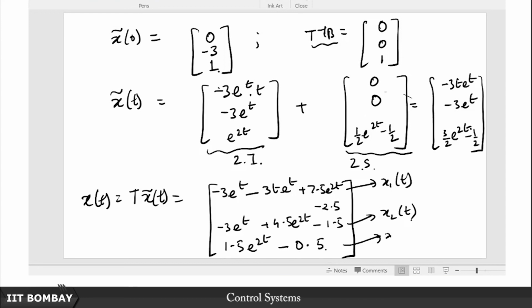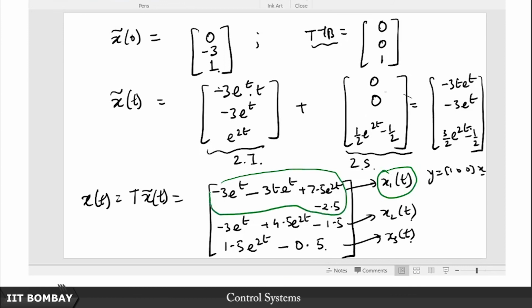So this is my x3(t), and as I promised to you earlier, once you have evaluated these states, getting the output is really not a big deal. In my case y is equal to [1 0 0] times x, so it is just going to pick out this first state as the output. So if that is my output, then I have actually solved for the entire system.